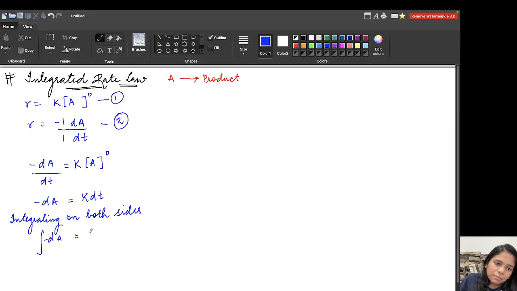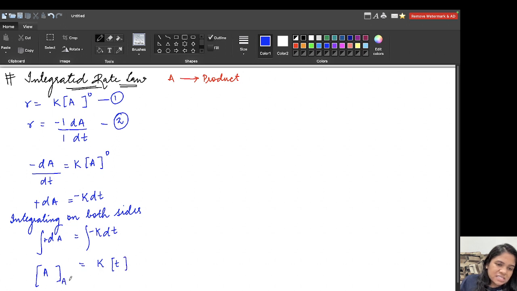Integrating minus dA. Let us just transfer this minus to this side, and I'll tell you the reason why I am doing this: so that it becomes easier for calculation. Minus K dt. Now how will I integrate? K is constant, so K will come outside.